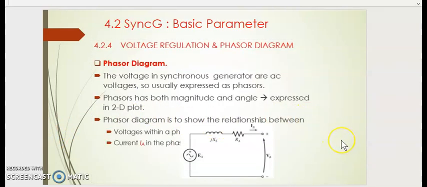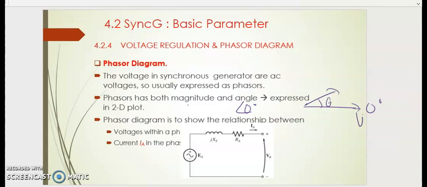So the line current is equal to root 3 multiplied by the phase current. Okay, in terms of phasor diagram, the voltages of a synchronous generator are usually expressed as phasors. Both phasors should be expressed in magnitude and angle: how many degrees, how much magnitude. So in a 2D plot, we draw this as 0 angle, and this is the other angle. Usually we set the voltage as our 0 reference.